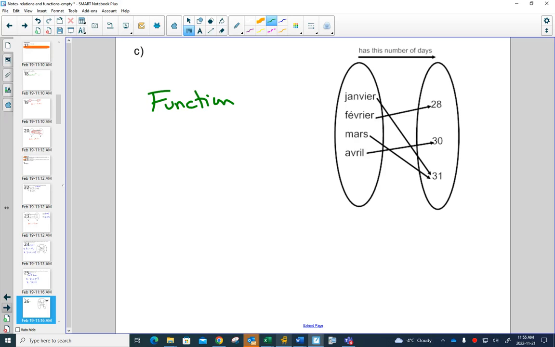Oh, wait, February sometimes has 29, right? According to the data that was given in this question, we would say function. But in reality, sometimes February has 29 days, and that would make it a relation, but not a function.